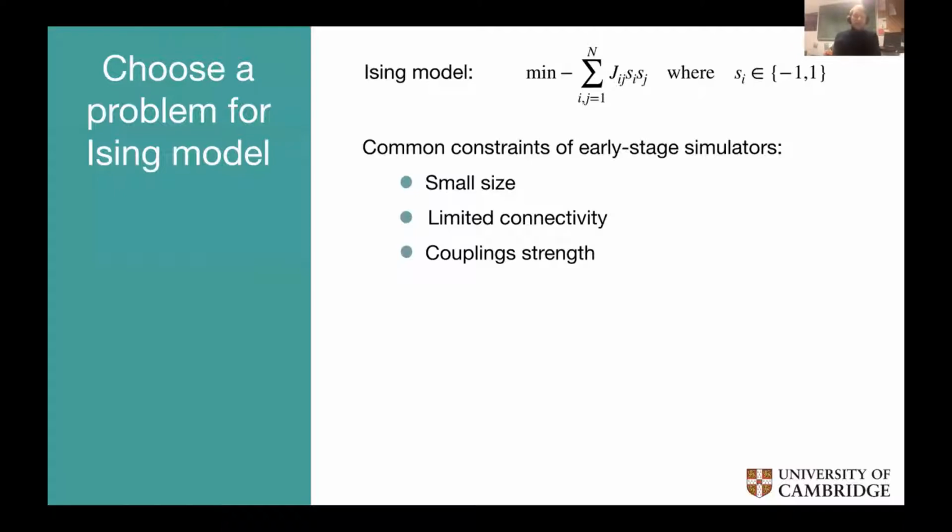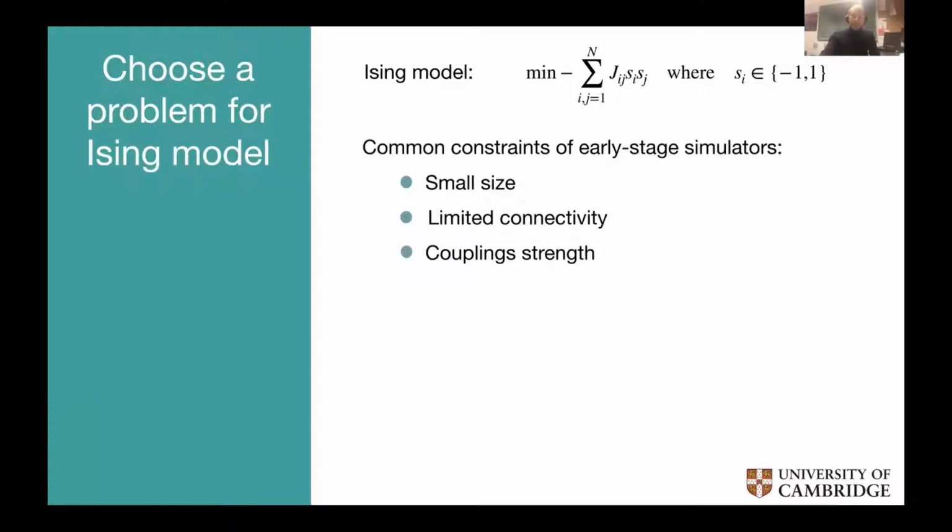It's also common that we have limited connectivity. Let's say 3 or 4 or 5 connections per element may be possible to realize with the current setup. And it's also common that coupling strengths between the elements cannot be controlled to an arbitrary degree, and their strength cannot be changed beyond some ratio.